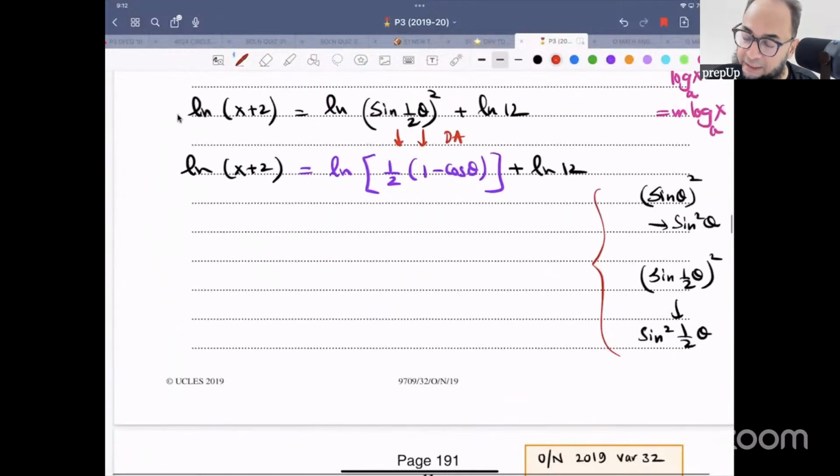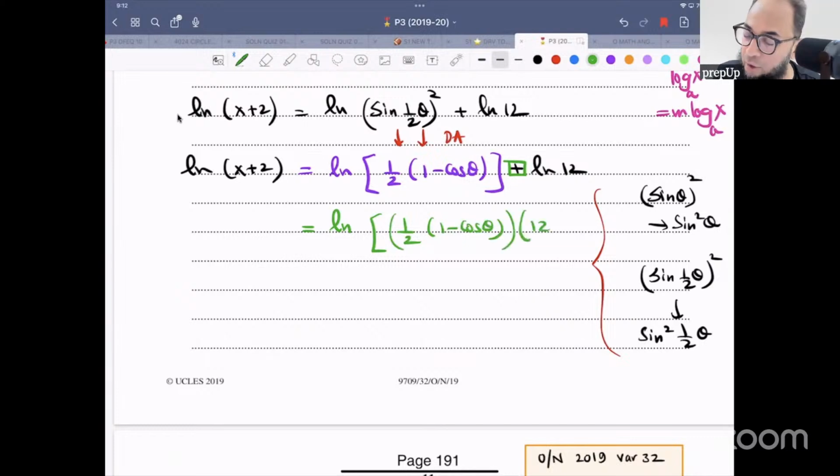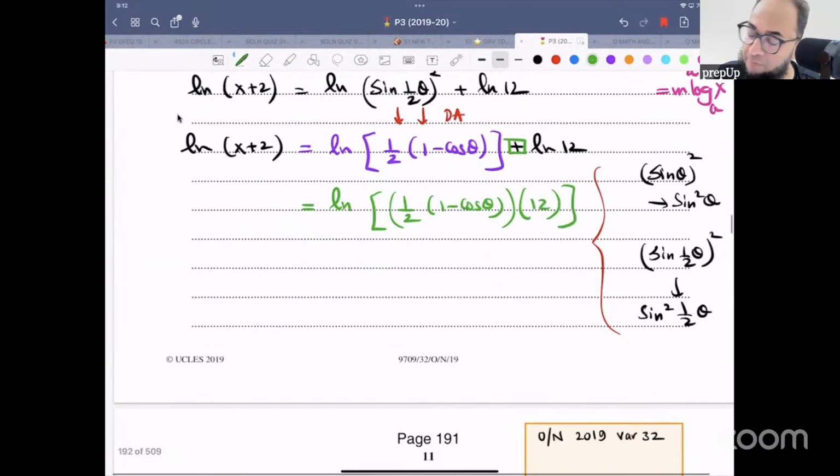Now, since there is a positive sign between the two, that is multiplication. So I'll write ln, and this is half into 1 minus cosine theta, the whole thing into 12, close the bracket. And what does it become? This is ln bracket 6 into 1 minus cosine theta. 12 and 2 cancels out.